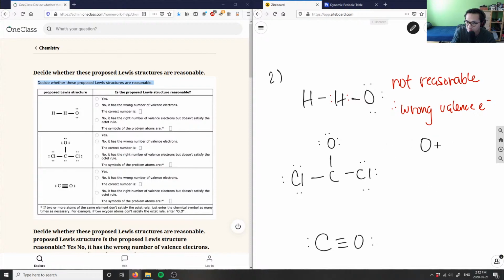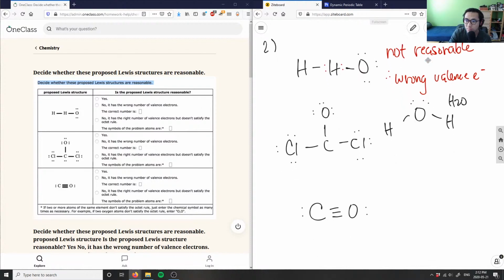So it actually looks something like this because the lone pairs are on this side here, and this one is the correct molecule here, and this is H2O, right? As we all know. So this is not correct. So we can say no, it has the wrong number of valence electrons on hydrogen. So that's good. That's number 1.